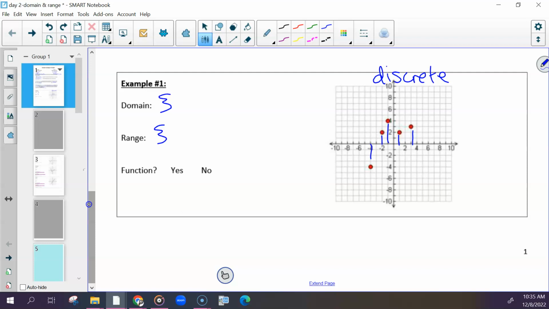Alex. What are our range values least to greatest?